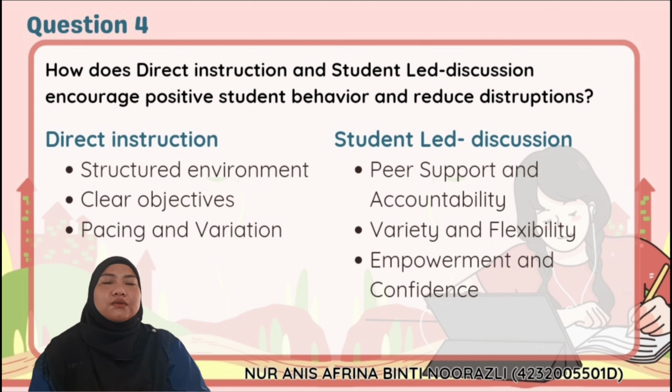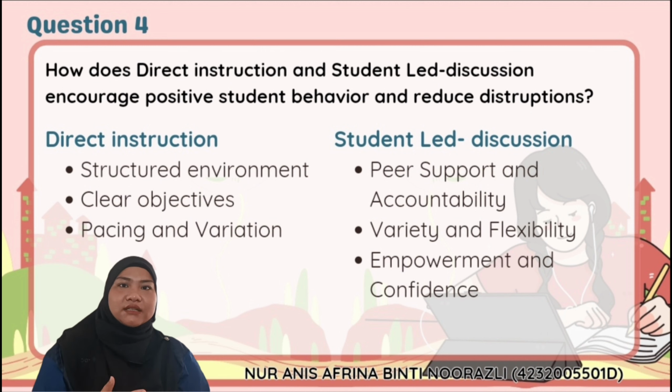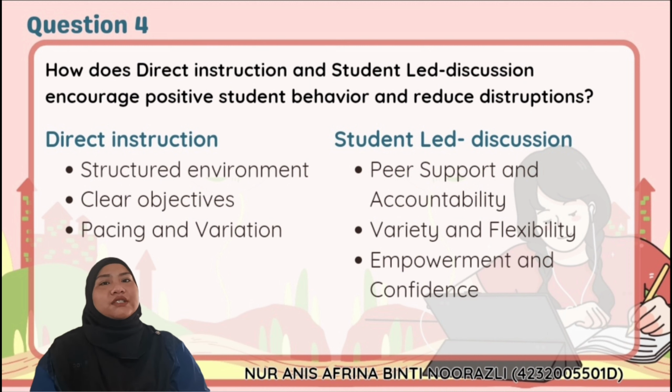When students know the goals of the lesson, they are more likely to stay focused on the task, minimizing opportunity for off-task behavior. Third point is pacing and variation. Varying the pace and teaching methods maintains student interest and prevents boredom, which can lead to disruptive behavior.